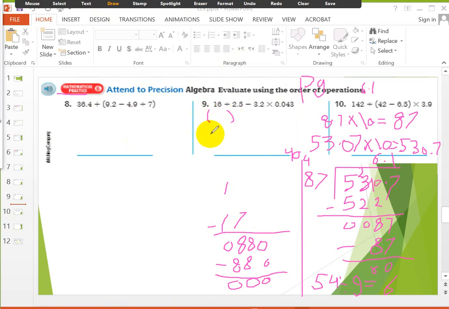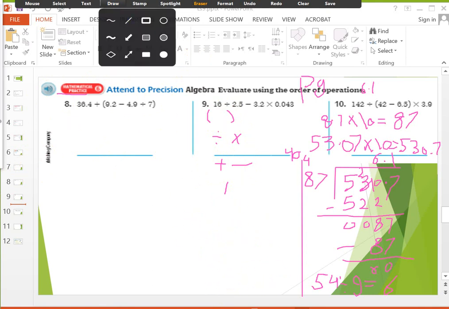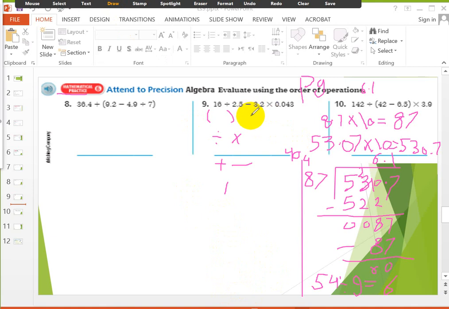After that, what do I have to do? I have to do division and multiplication because there is no power here. After that, addition and subtraction. You know that the operations in math are ordered, right? So I will start with the parentheses, or if I have a power also.